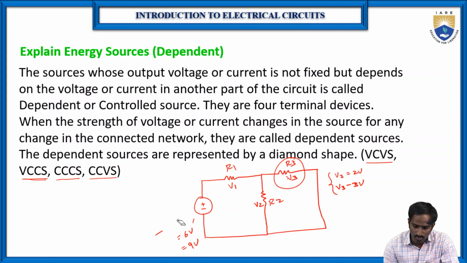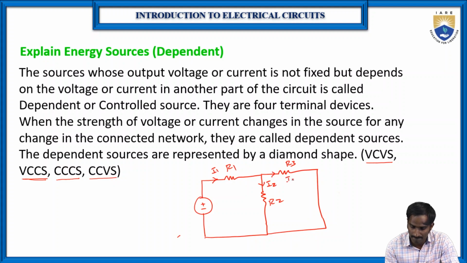Similarly, the voltage controlled current source. Let us consider the same circuit, and here the currents flowing are I1, I2 and I3. Here V is equal to 2 into I3, let us consider.